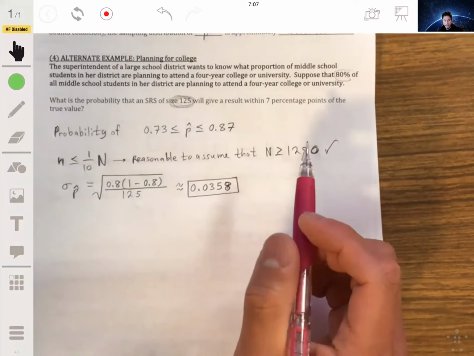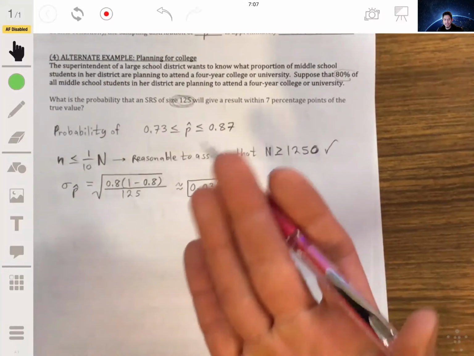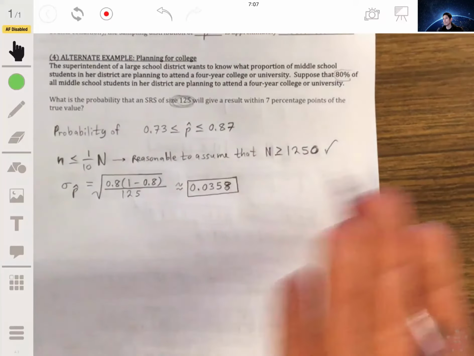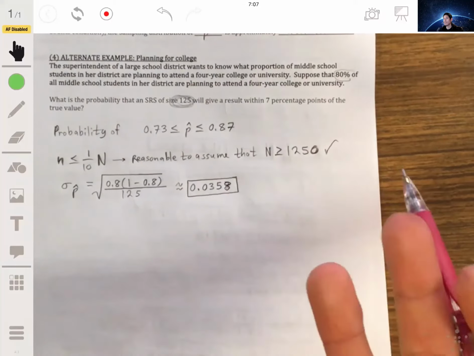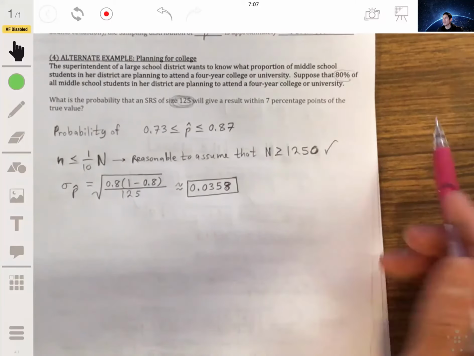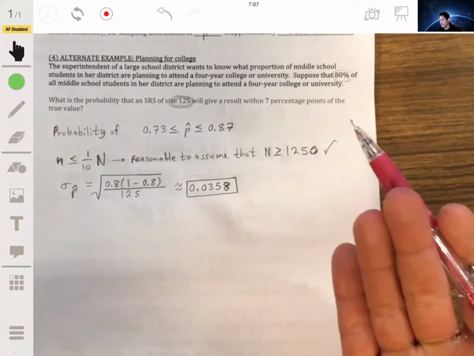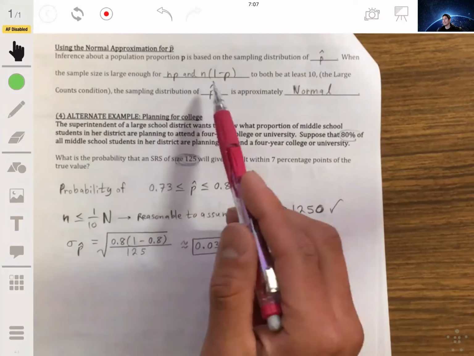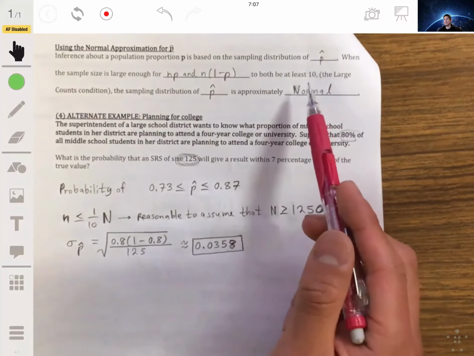Okay, so now we have to check to see that we can do a calculation using the normal distribution. So we have to check that the number of successes and failures, or n times p and n times 1 minus p, are both at least 10.